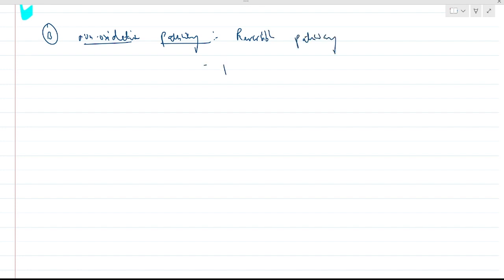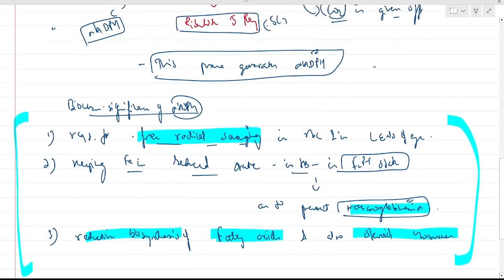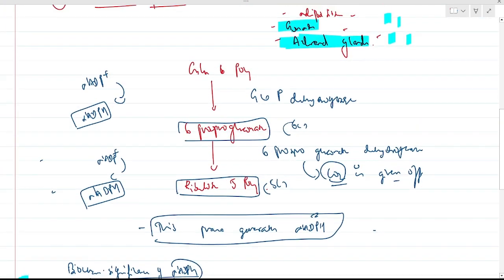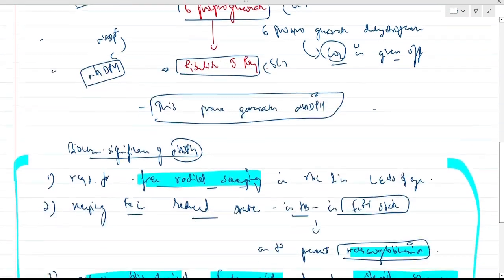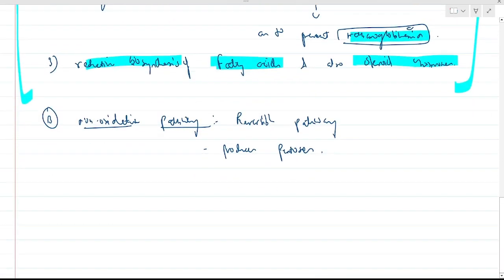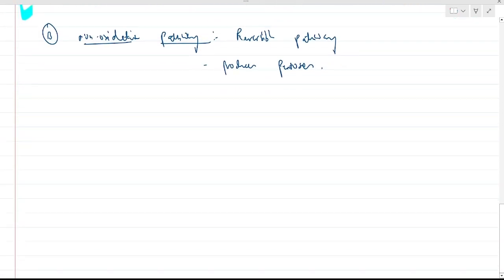Here 5-carbon pentoses are produced. Why am I saying pentoses are produced? Because at the end of the oxidative phase, 5-carbon ribulose 5-phosphate is produced, and so ribulose 5-phosphate will act as the first substrate here, leading to production of different 5-carbon substances, that is our pentoses.